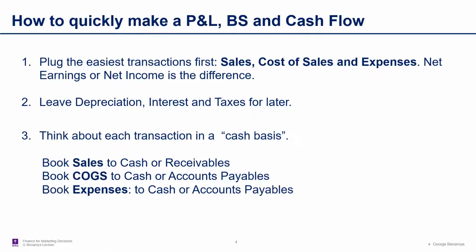The net earnings or net income is a difference between sales minus cost and minus expenses. It's better to leave depreciation, interest, and taxes for later, for step 2, and the equity as a step 3. When you make the transactions, think about each one of them in a cash basis. Say to yourself, if I'm doing this, what is the effect that it has on cash? And that will make it much easier for you.